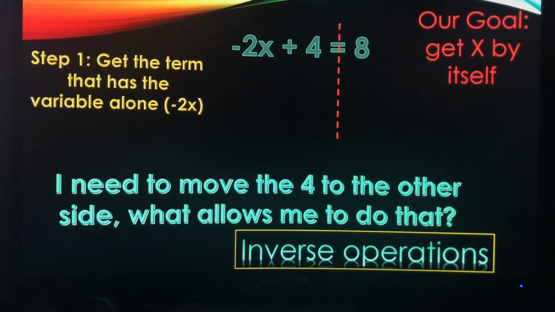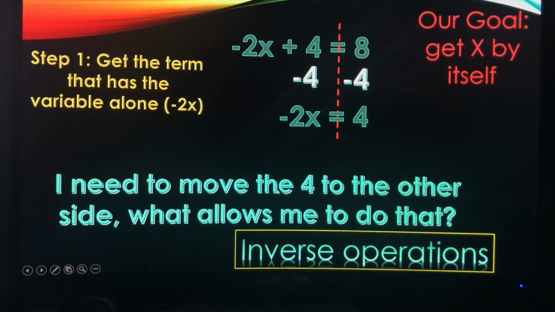So to get rid of a positive 4, I am going to subtract 4. Well, if I subtract 4 on my left, I must subtract 4 also on my right. This is going to help keep that equation balanced. So it leaves me with negative 2x equals 4, okay?